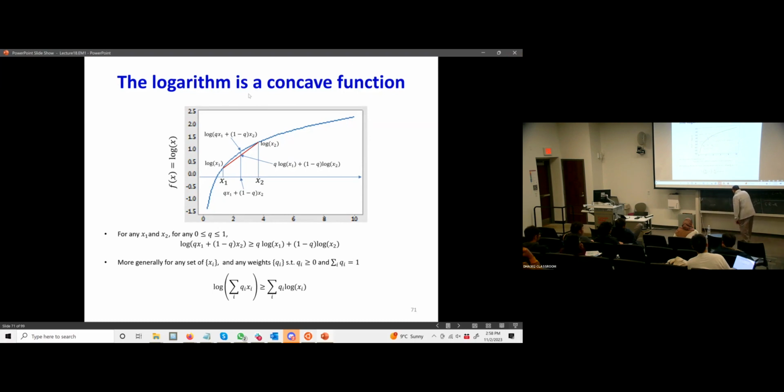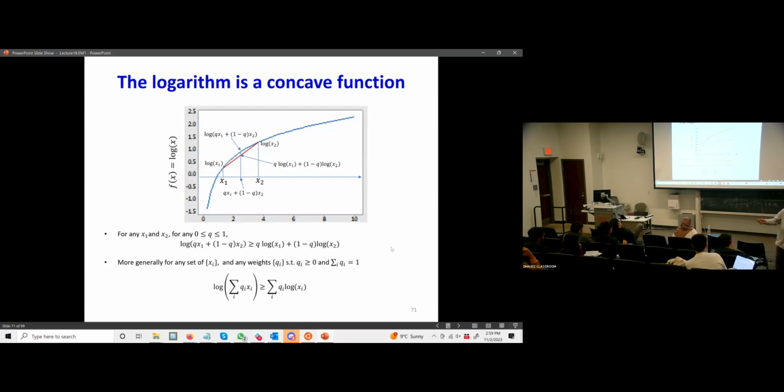And on the other hand, this one is log of x1. This one here is log of x2. If I draw this line between the two, this point here is going to be the convex combination of log of x1 and log of x2, which is alpha times log of x1 plus 1 minus alpha times log of x2. And what you can see from the curve is that the convex combination of the logs is always below the log of the convex combination, right?